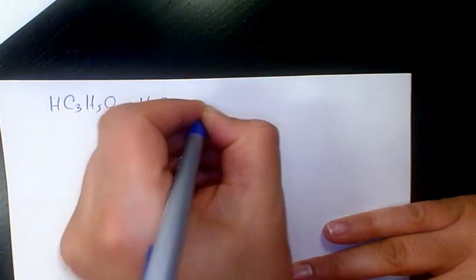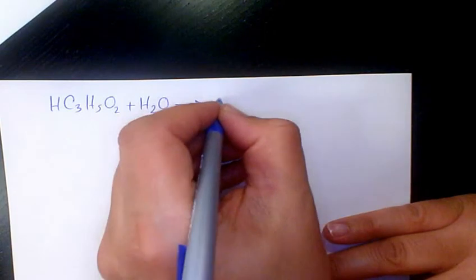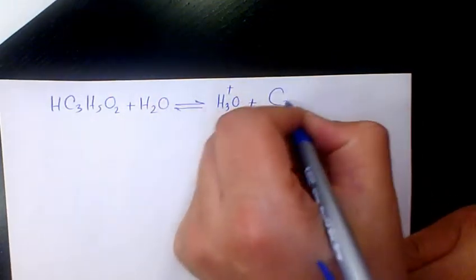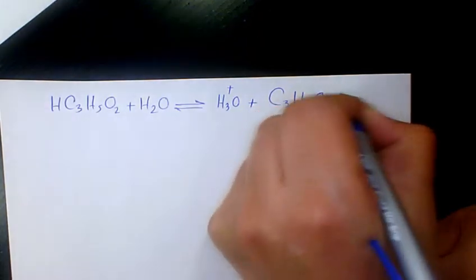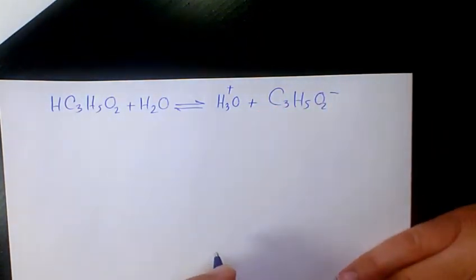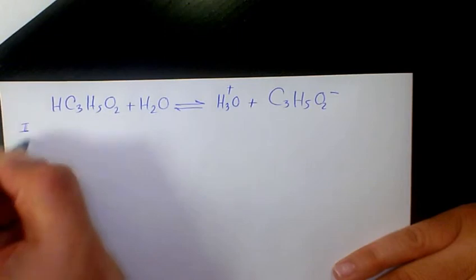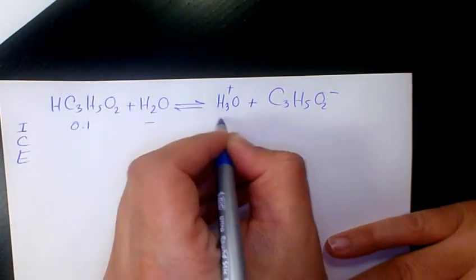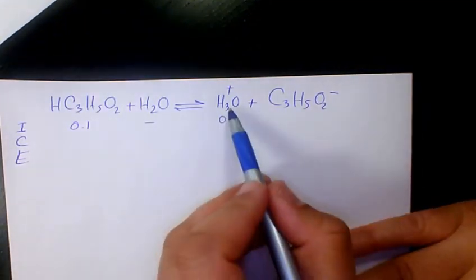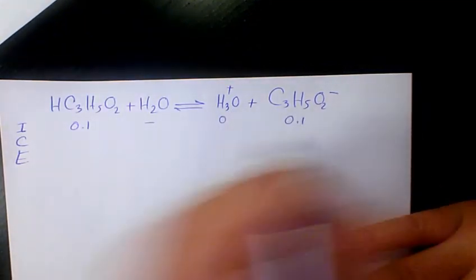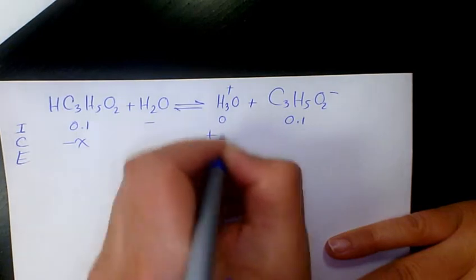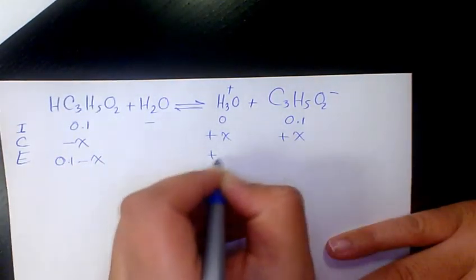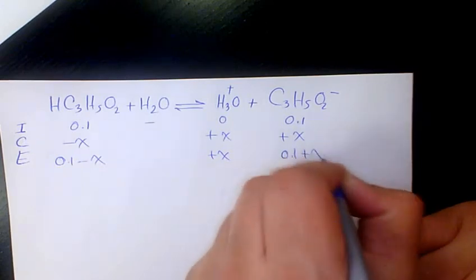It's going to give you H3O plus and C3H5O2 minus. If we have the ICE table, this one is 0.1, initially approximately 0, and we have 0.1 for this guy, negative x, plus x, plus x, so we have 0.1 minus x, x, 0.1 plus x.